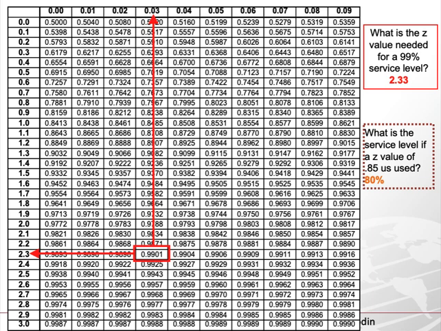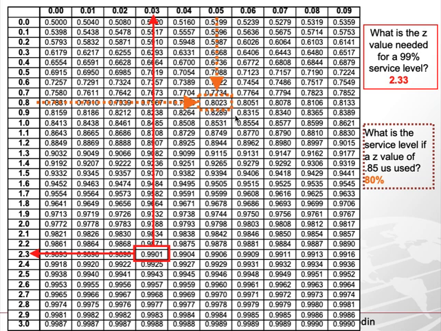The other way around, sometimes I can have the Z-score and I want to find the percentage. So in this case, what is the percentage value for a Z-score of 0.85? Then I have to go to the 0.85, so 0.8 is here, 5 is here, and I can find that the Z-score of 0.85 is 80%.